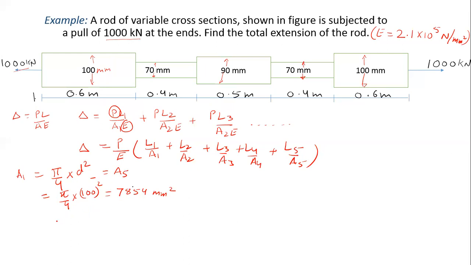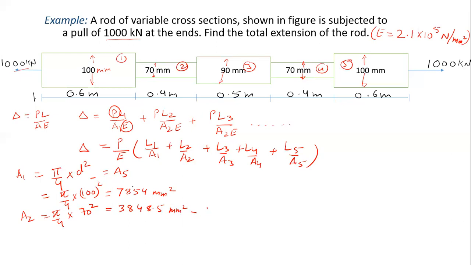Coming back to this, A2 will be equal to pi by 4 into 70 square. If we say this is 1, 2, 3, 4 and 5, the value of A2 will be 3848.5 mm square.